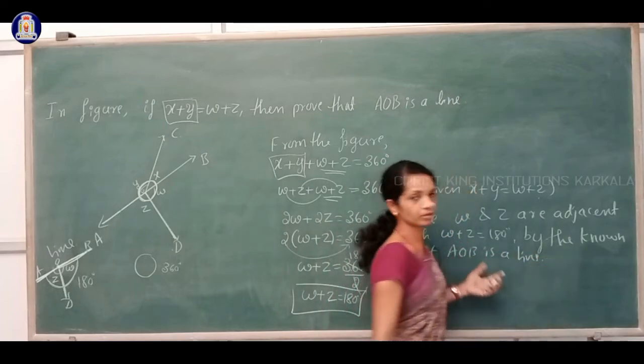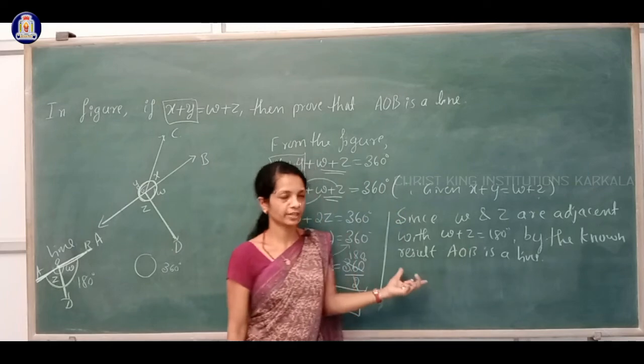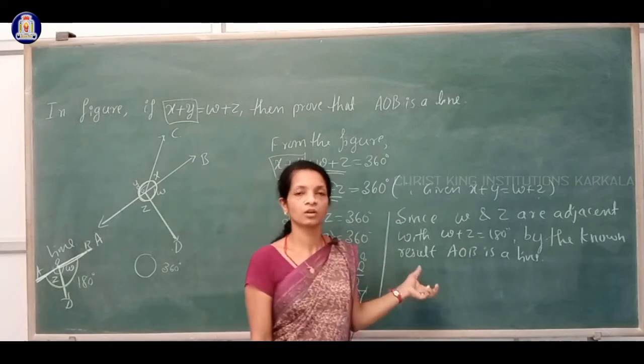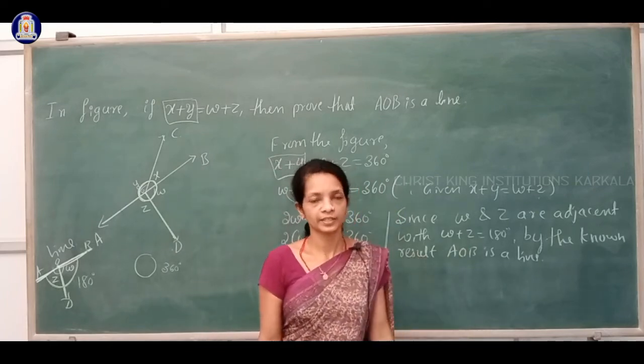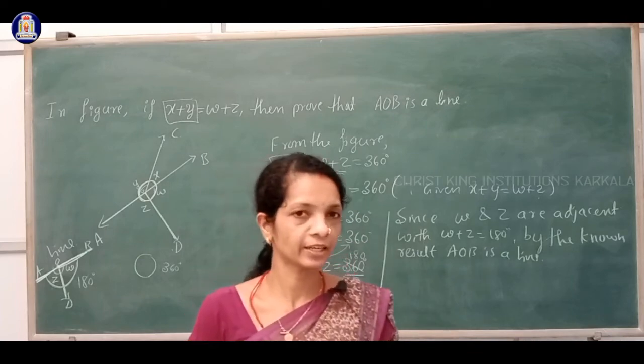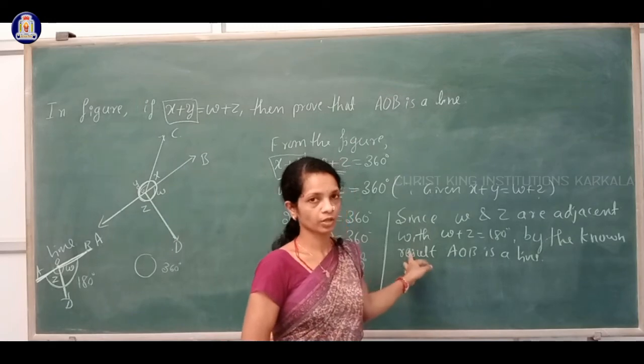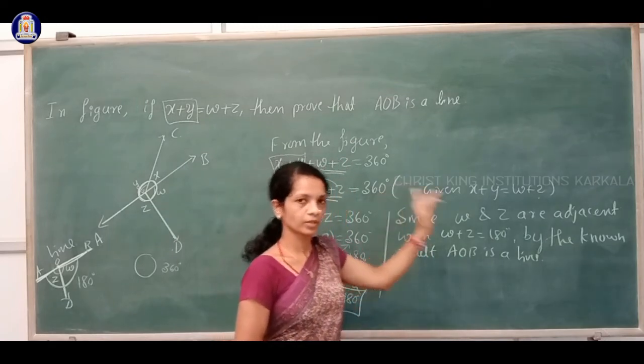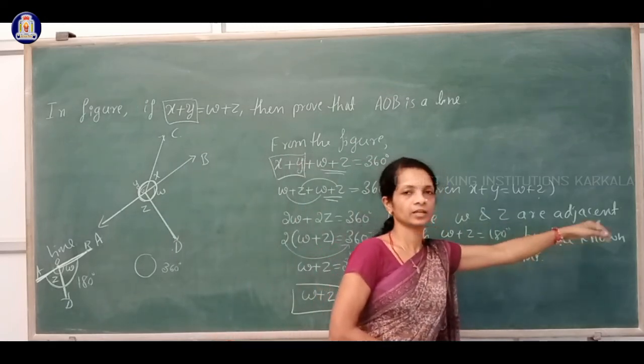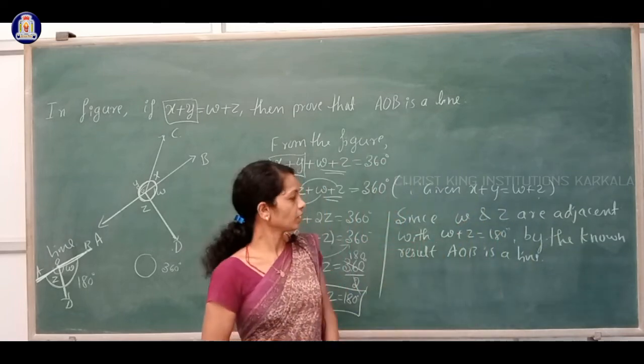If you remember the result, you can mention that result. Which result did we use here? If the sum of two adjacent angles is 180 degrees, then their non-common arms form a straight line. That result we used here. If you forget that result, just write, by the known result, AOB is a line.